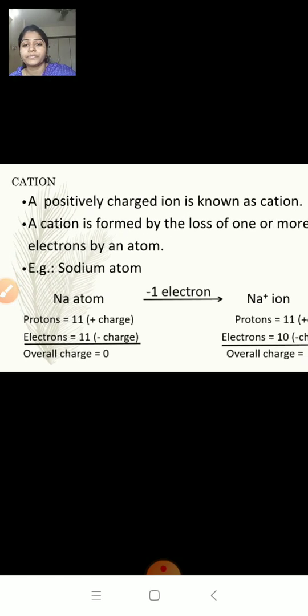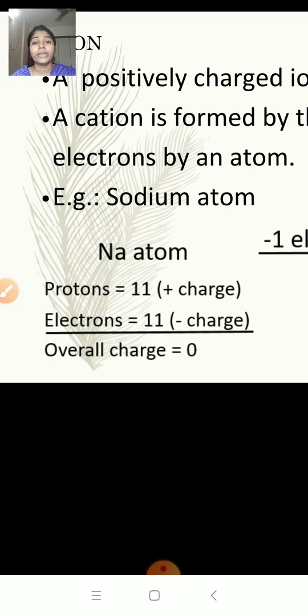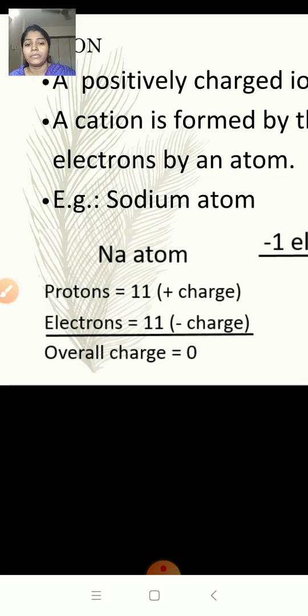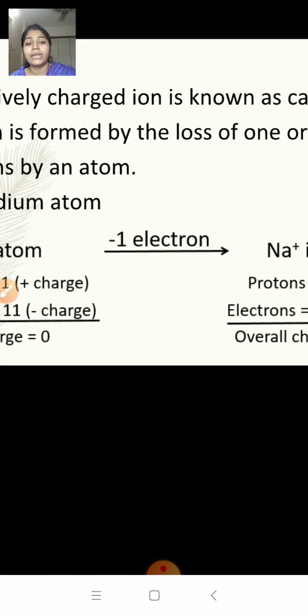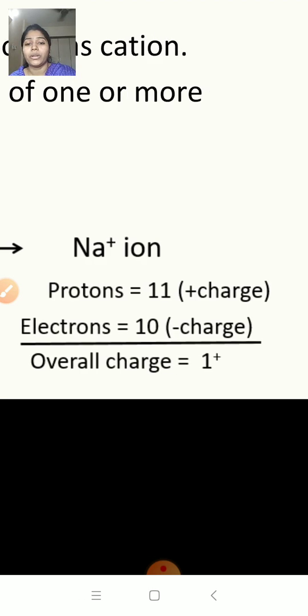Now let us find out how a sodium atom becomes a sodium ion. Okay. You can look here, sodium atom. Atom means it is neutral. So the number of protons and electrons are equal. You can see protons, they are positive, and we have 11 protons in the sodium atom. Electrons, we have 11 electrons in the sodium atom. So the overall charge is 0. Correct. Now when the sodium atom loses one electron, what will happen? It will become a sodium ion.